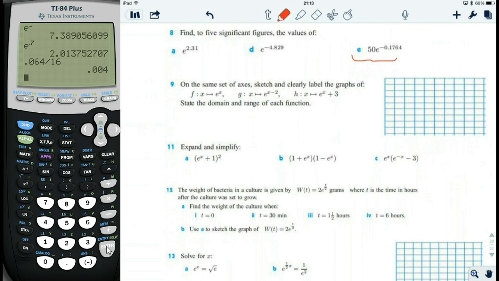Let's see. On the same set of axes, sketch and draw clearly the graphs of, and they give me 3 functions here, all variations of e to the x. First, we'll just do this one. Remember that's just f of x equals e to the x. Remember that at 0 it's equal to 1, like all exponential functions.